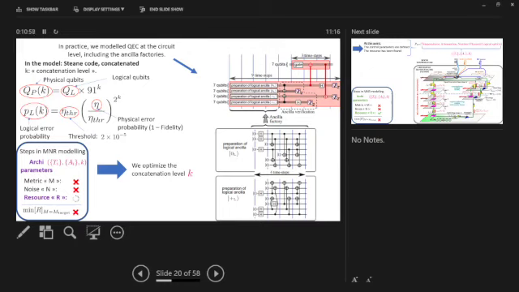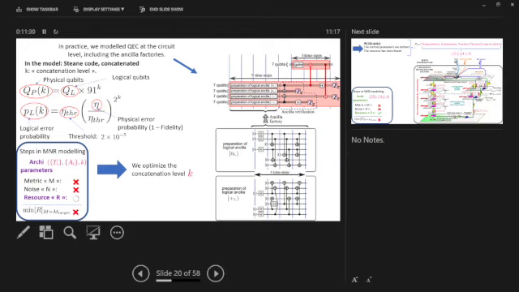And why do you want to do this? Because you can define a probability of error of a logical gate, now with error correction, and it's a function of the probability of error of a physical gate, so a quantum gate if you did not do error correction. Basically, if this physical error probability is below a constant that is called the threshold, it depends on the code you use and its implementation, you see that when you increase this K, in this parenthesis here, you make the quantity go to zero.